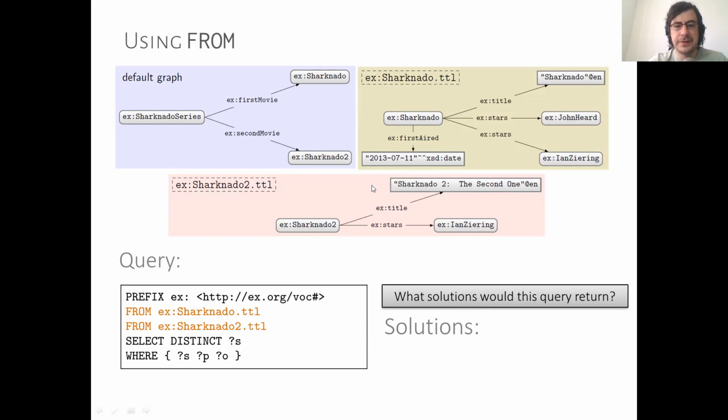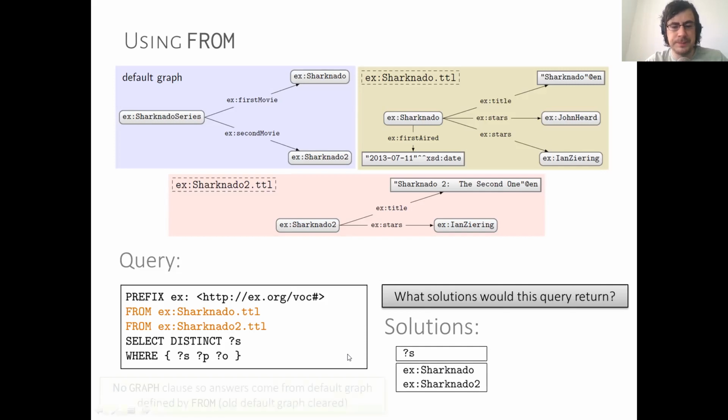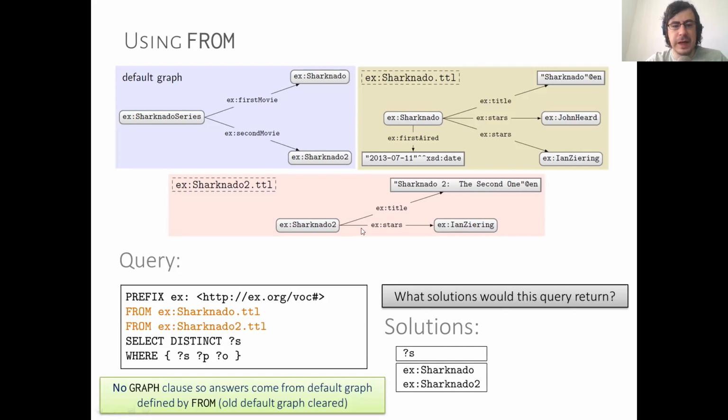Well, now our default graph is composed of the union of these two graphs, so we would expect to return Sharknado and Sharknado2, right? When we use this from feature, we essentially delete the data in the default graph and replace it with the union of these two graphs. Since we have no graph clause, we're going to access the default graph, and that would give us Sharknado and Sharknado2. So the answers come from the default graph, which we've now redefined using from, a new default graph just for this query.